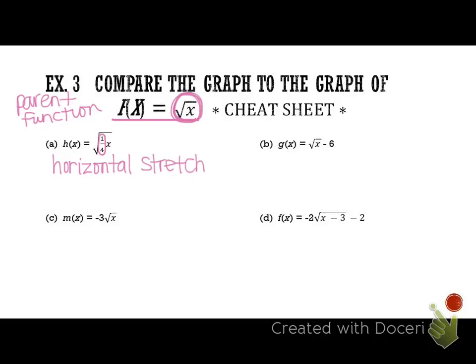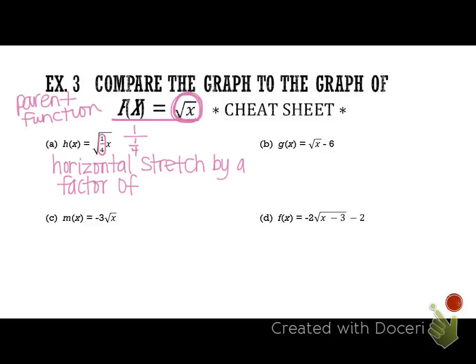But remember, the stretches get a little bit more complicated because it's a stretch by a factor of 1 divided by a. So a horizontal stretch, and let me finish writing down what I know already. A horizontal stretch by a factor of. And so we've got to take 1 and divide it by that 1/4 because our a value is that 1/4.